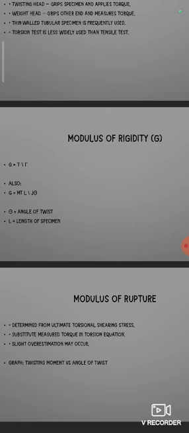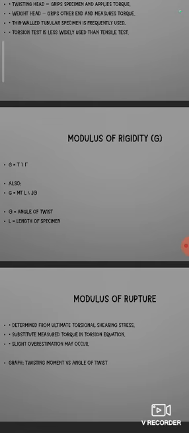Now, the graph I mentioned, twisting moment versus angle of twist. In the torsion test, we plot a graph between twisting moment, called torque, and angle of twist. Initially the graph is linear, which represents the elastic region. After the yield point the graph becomes non-linear.